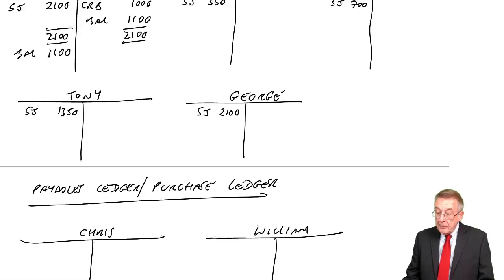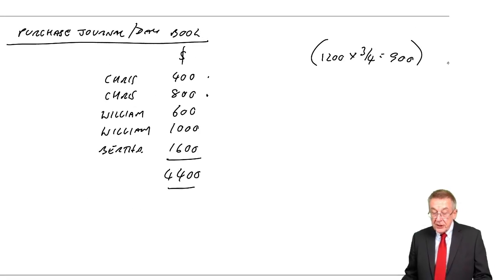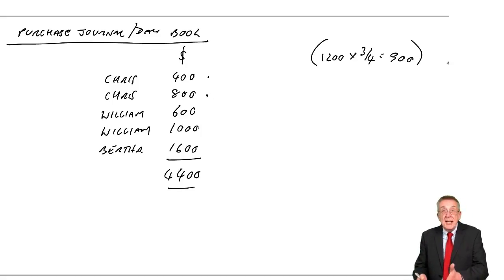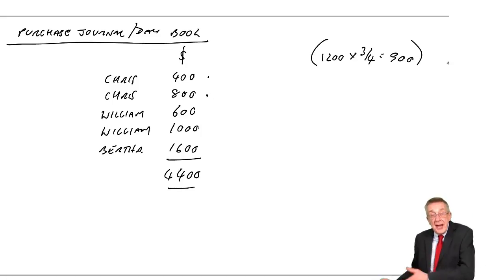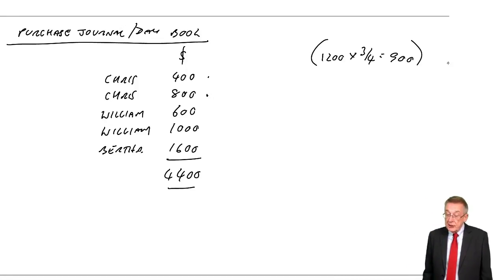Well, every time we bought on credit, it was listed in the purchase journal, the purchase daybook. And so every time we make a purchase on credit, list it here. And at the same time, put it on the relevant page in the payables ledger.